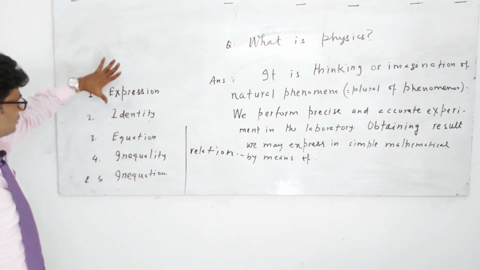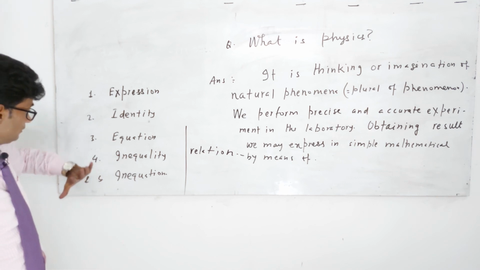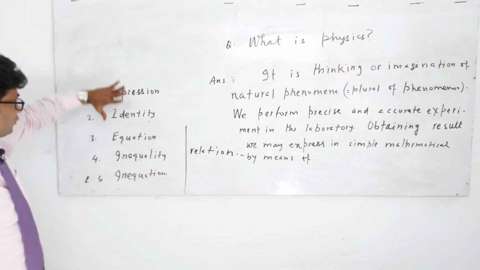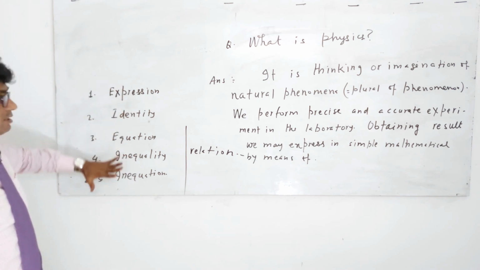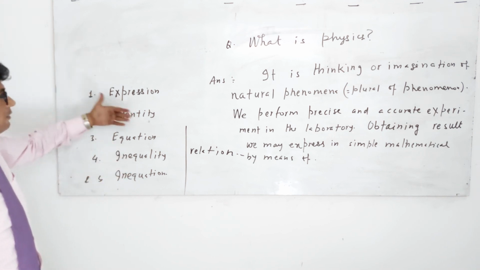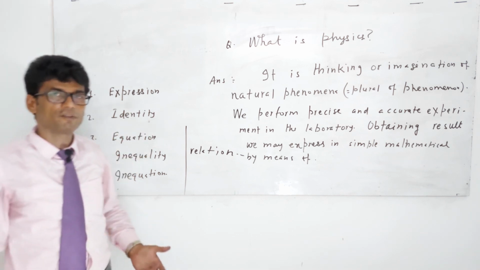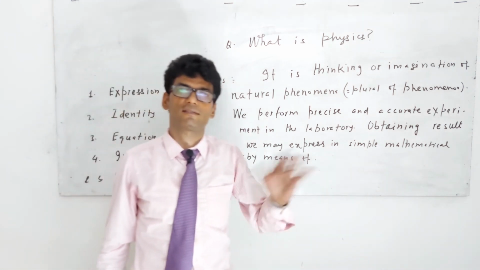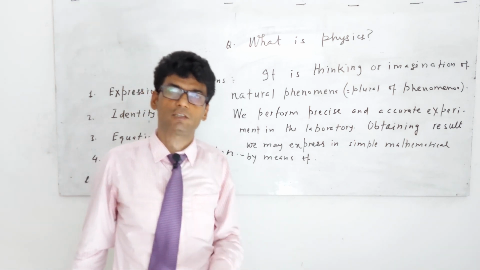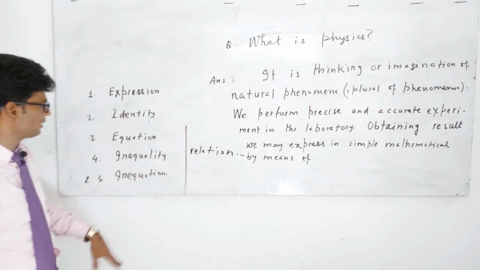Now, for this section, expression, identity, equation, inequality, and inequations, we will discuss it at length, so that will provide you comfort in physics of any level, either of class 11, 12, undergraduate or master degree physics. So these 5 things are very, very essential.